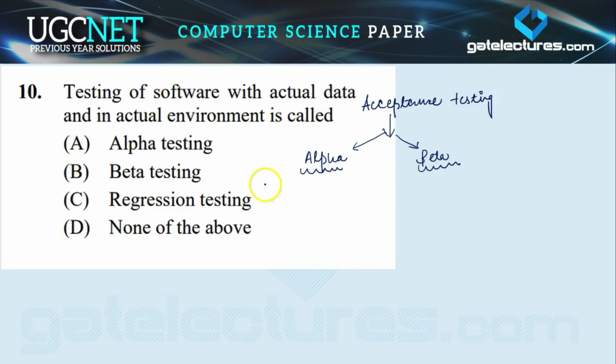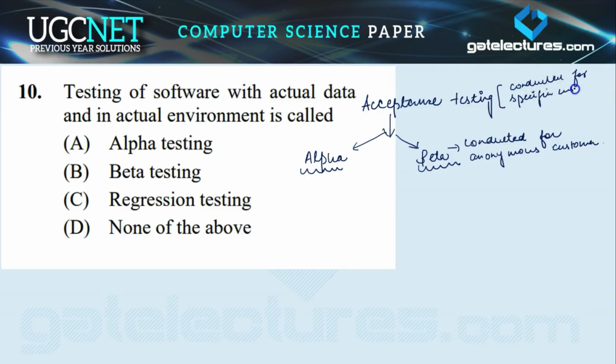These two testings, alpha and beta, are conducted for anonymous customers, meaning for a large number of people, and this type of testing is conducted for specific customers. Okay, now let's talk about alpha testing and beta testing separately.